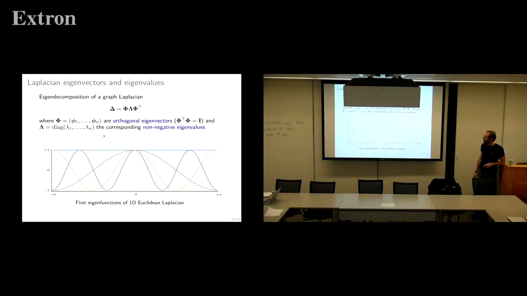And why is it important? Because if we consider the standard one-dimensional Euclidean Laplacian, which is just the second-order derivative, its eigenfunctions form what we know as the Fourier basis, sines or cosines, right? The smoothest signal possible is a constant, right? It doesn't change at all.